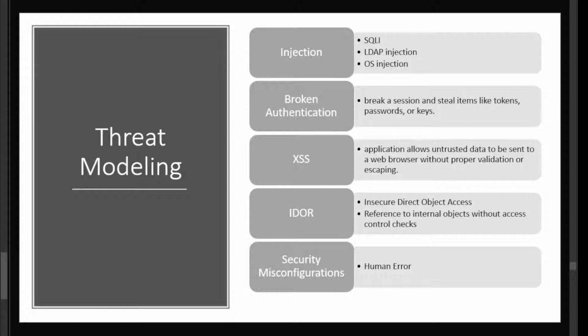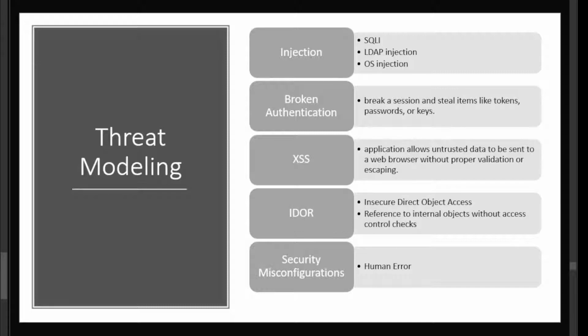Threat modeling. So we have injection, like SQL injection, LDAP injection, OS injection. These are all forms of injection. There's command injection. There's a whole slew of injection threats. Broken authentication: breaking a session and stealing items like tokens, passwords, or keys. Cross-site scripting, often abbreviated XSS: the application allows untrusted data to be sent to a web browser without proper validation or escaping.